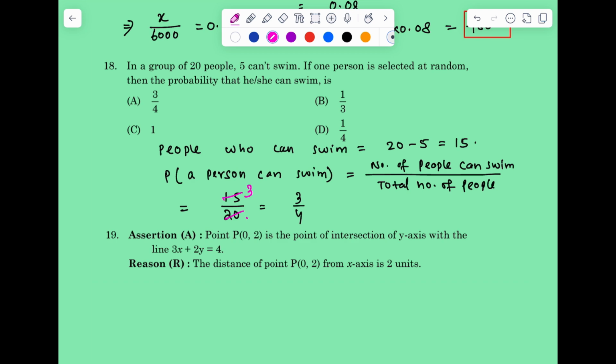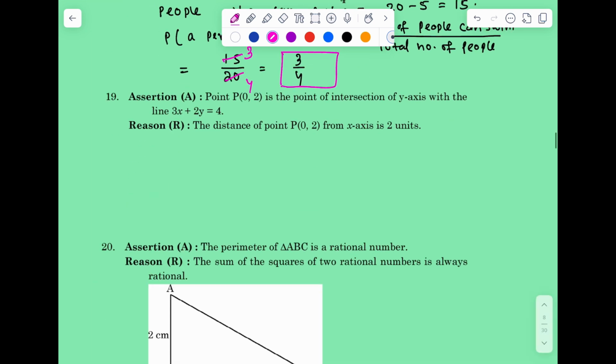Hence it will be equal to 3 by 4, because you will simplify it this way.